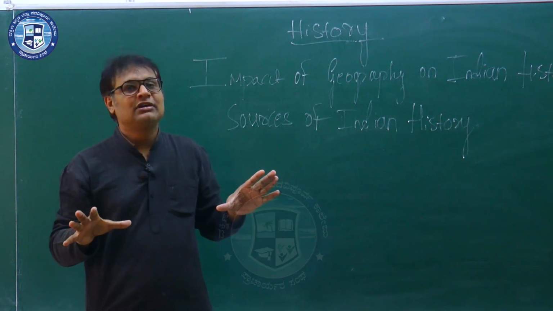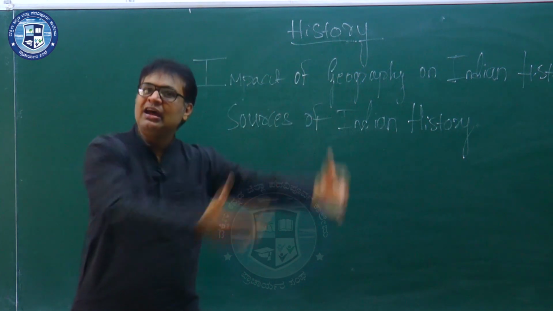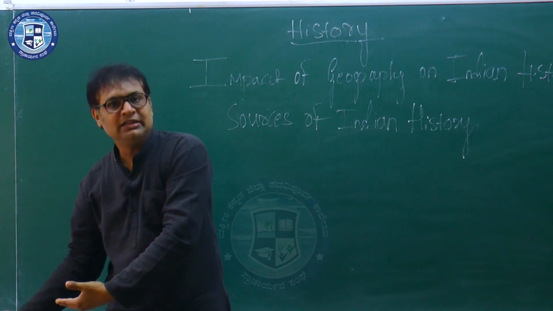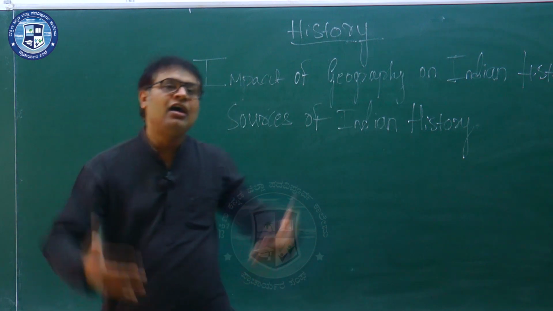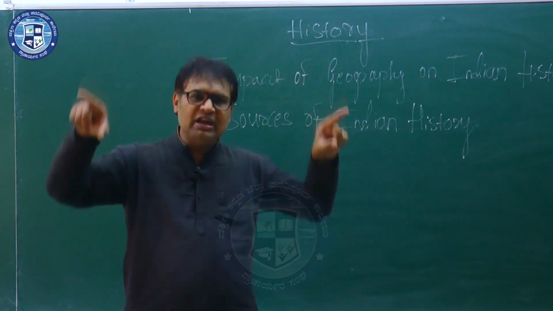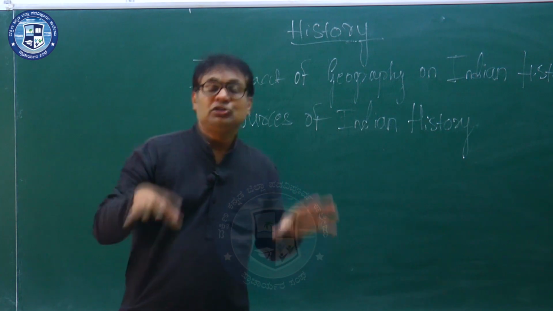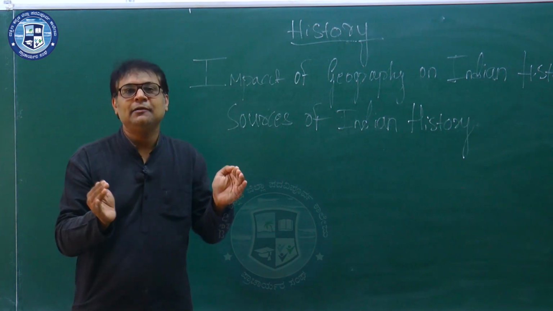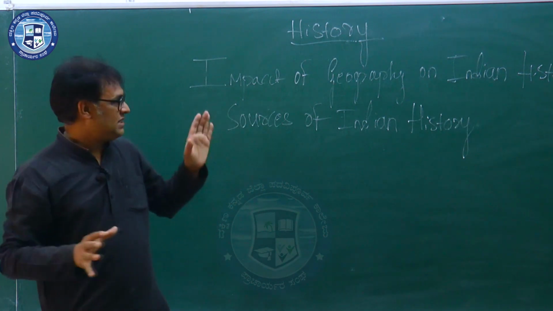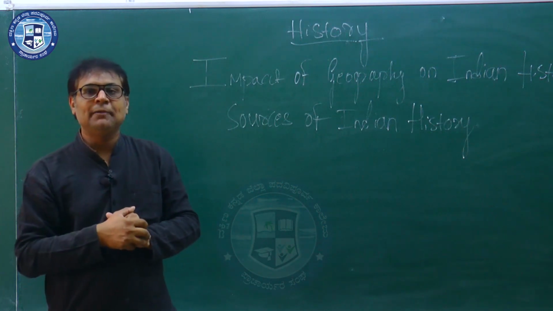For example, on one side we have Pakistan, on another side China, Bhutan, Myanmar, and in the southern part, Sri Lanka, Nepal, Bangladesh. See, there are many countries surrounded by the Indian Ocean, the Indian boundary. Because of this only, India is considered a subcontinent country.